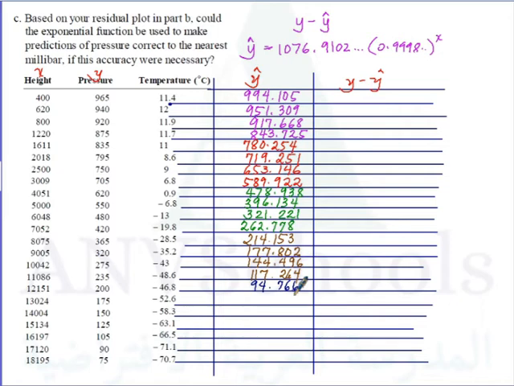I would have 79.582. If I have 14004, I would have 65.416. And if I have 15134, that will give me 52.1826.